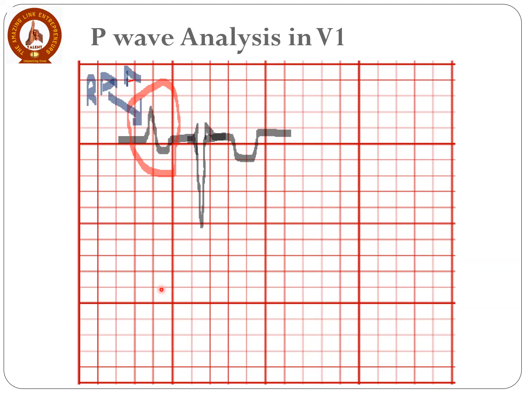So we look at the left atrial abnormality in V1. It's also biphasic, but the first component is normal and the second component is broad and deep.